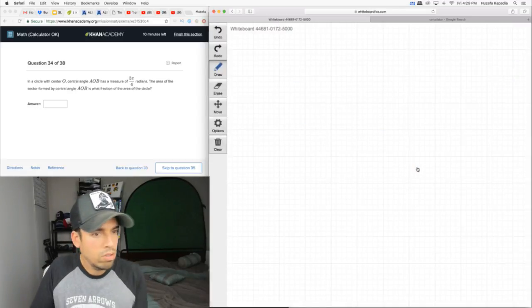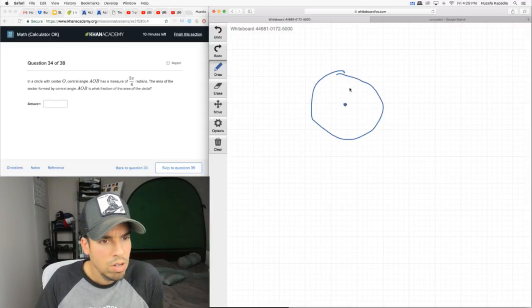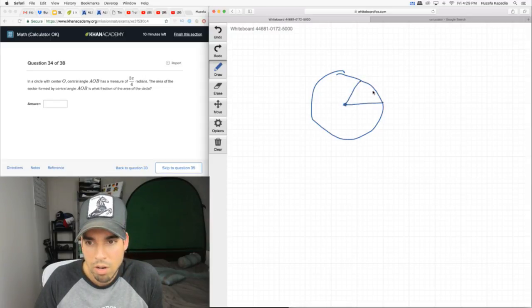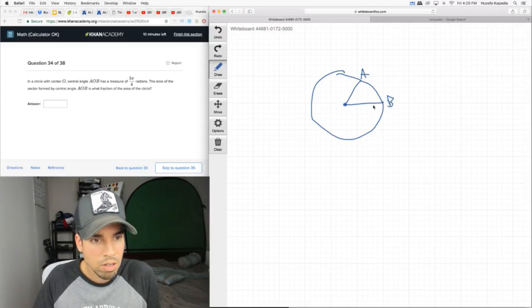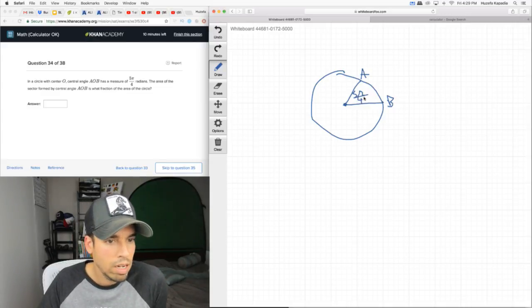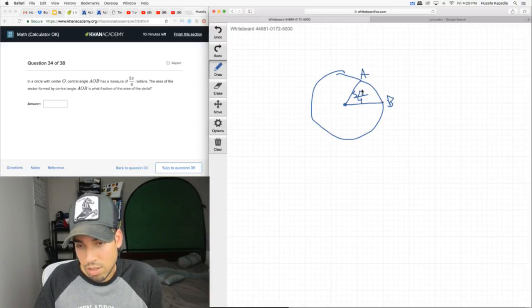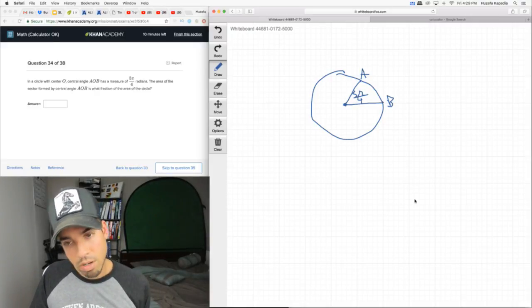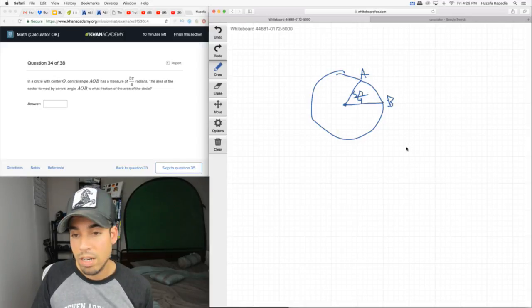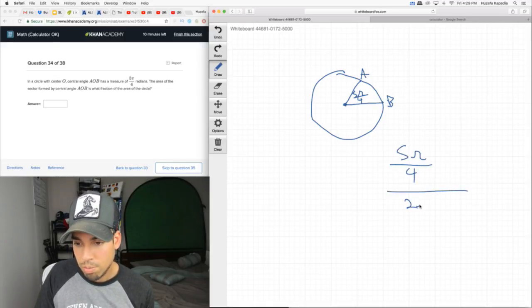All right, let's do this one. Number 34, circle with center O, central angle AOB, drawing it out, has a measure of 5 pi over 4. The area of the sector is what fraction of the area of the circle? Well, the area of the sector is the central angle over 360, but in this case, since it's radians, it's over 2 pi. So 5 pi over 4 over 2 pi.